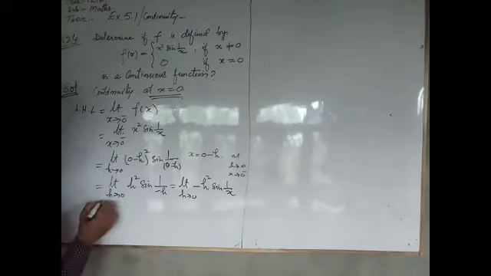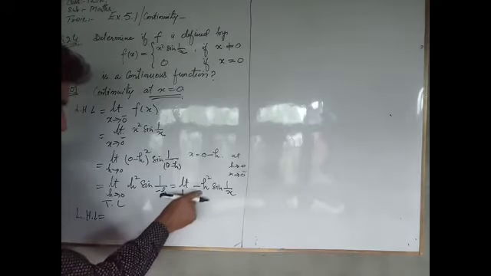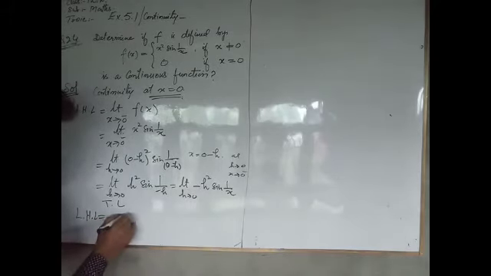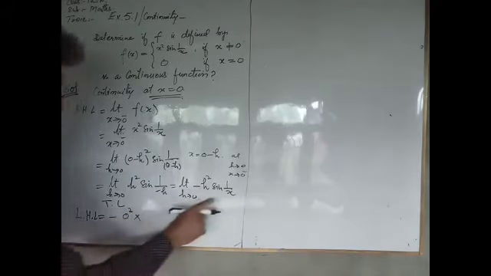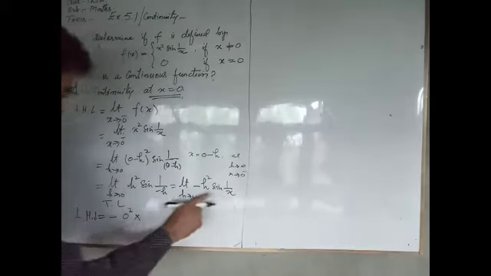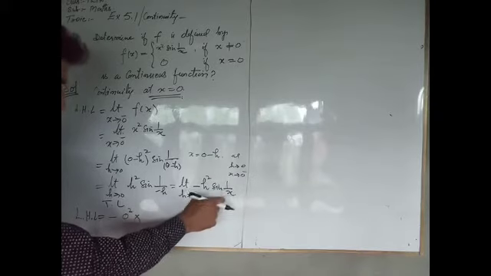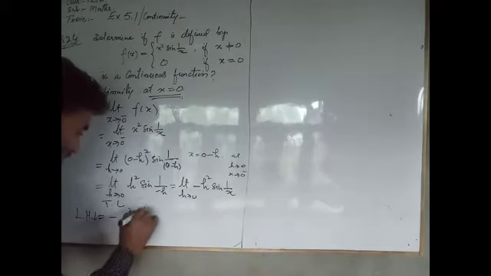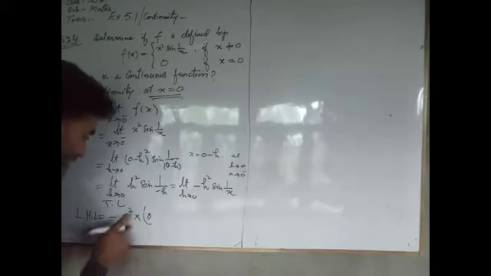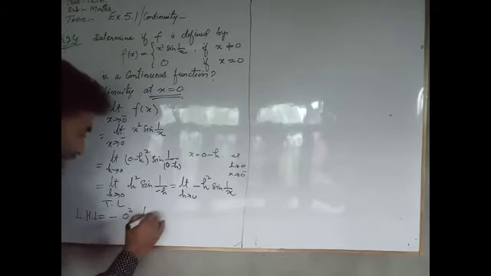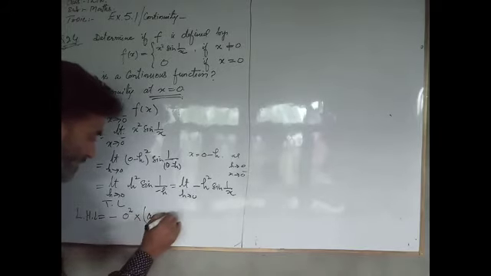Now taking the limit, the left hand limit will be equal to, when h is equal to 0, it will be minus 0² into sin(1/x), तो ये बनेगा 1/x, so it will be an oscillating number between -1 and 1. So it is 0 into an oscillating number.